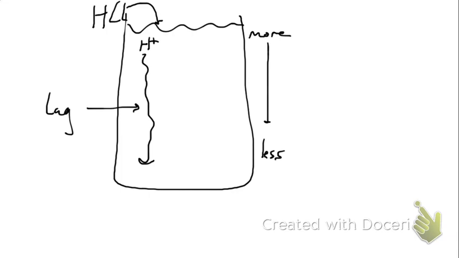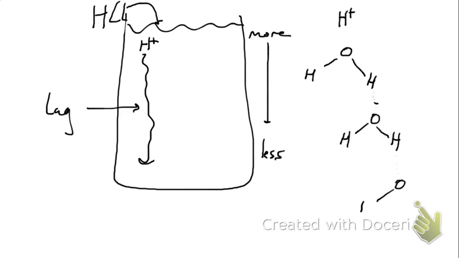So why? And this is why water is so important. We put that hydrochloric acid in on top, so we get a bunch of protons on the top. Well, here's a water molecule that is now hydrogen bonded to another water molecule that's hydrogen bonded to another water molecule, and so on and so forth.